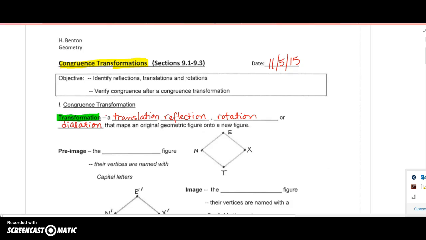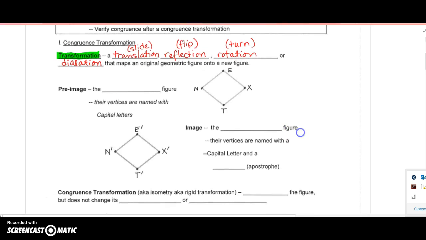You've probably heard of the translation referred to as a slide in previous math classes. The reflection is a flip, and the rotation is a turn. So if you've heard of those terms before, we are now just talking about them with more complicated terminology. The official terms for that are translation, reflection, and rotation. And then we'll talk about dilation as well in just a second.